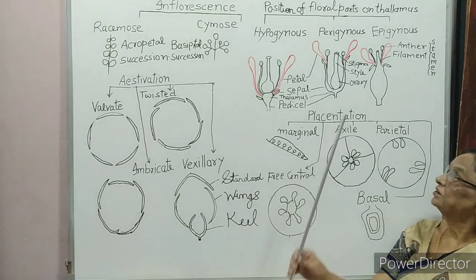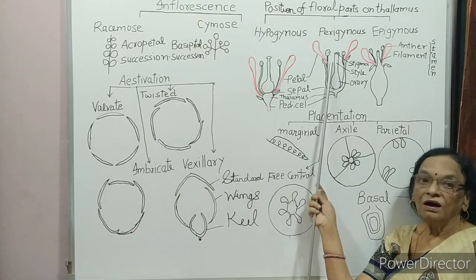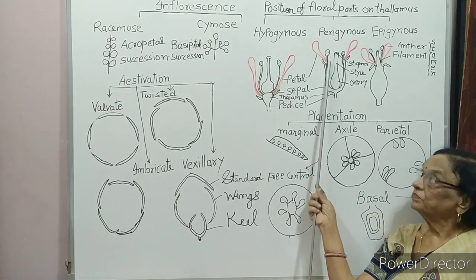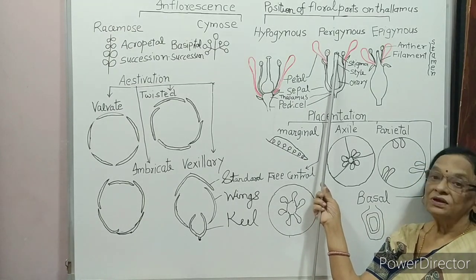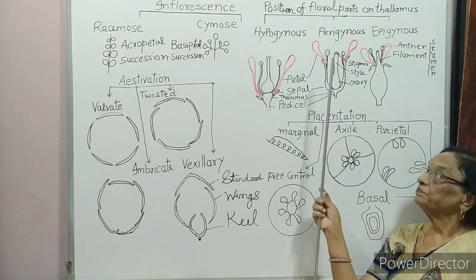What is gynoecium? The female reproductive organ of a plant is called gynoecium. A single unit is called carpel or pistil.